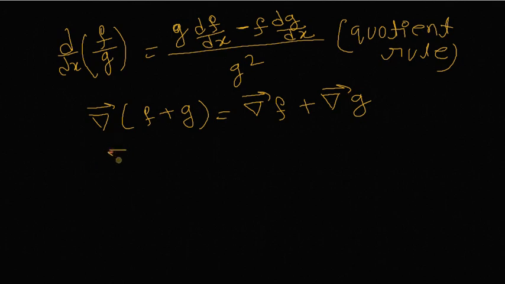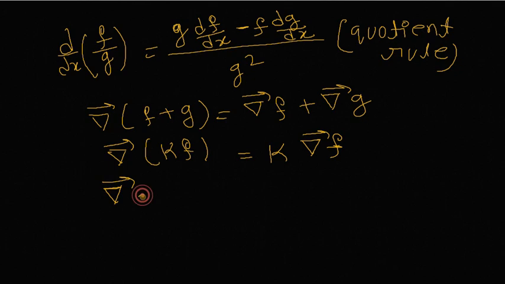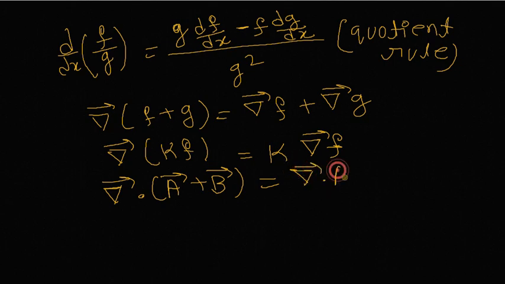If we take del of kf, that will be k del f. If we take del dot of A vector plus B vector, that will be del dot A vector plus del dot B vector.